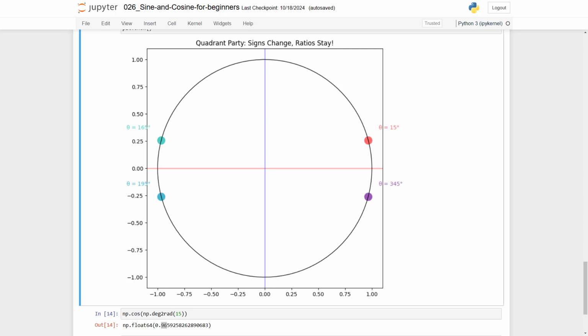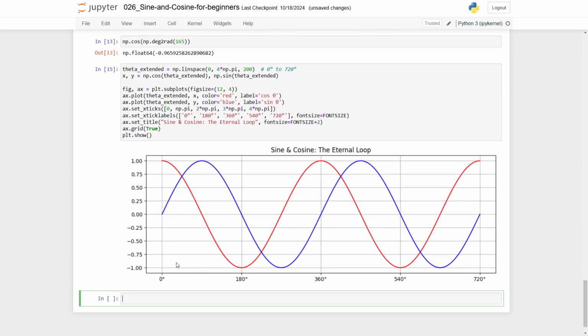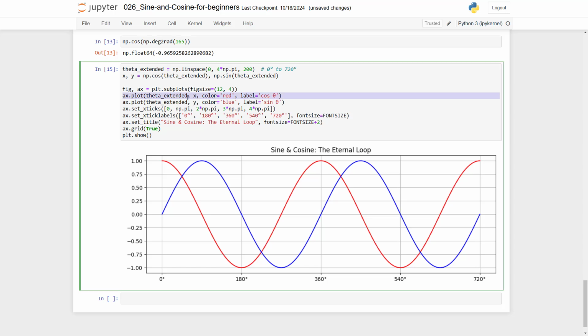And now let's take the new code I have prepared, looking like this. You see from 0 to 360, from here to here, it always repeats itself pretty much. Red is cosine, I don't see why it is not labeled, and the blue is sine.